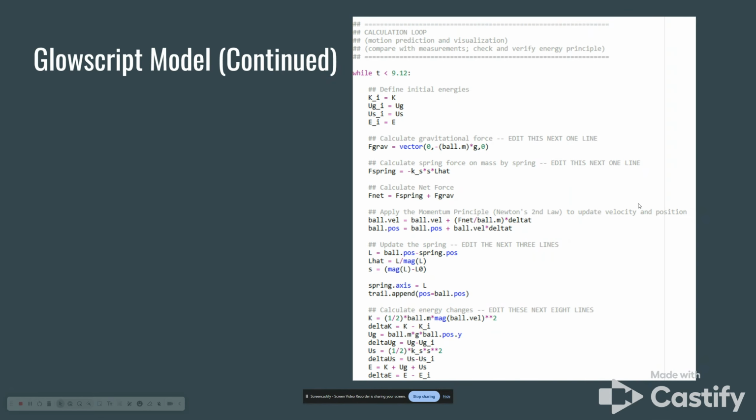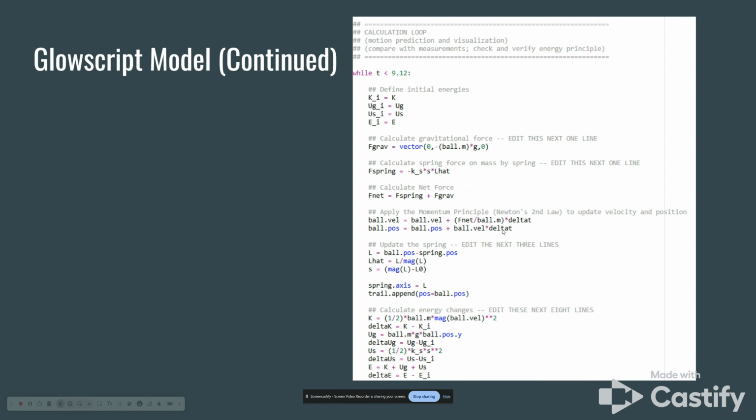So here's the calculation loop. We define all the initial energies, and then we're calculating the gravitational force, which is just negative mg. The spring force equals negative ks times s times L hat, and F net is just both of those forces combined. Here we're using Newton's second law to apply the momentum principle.